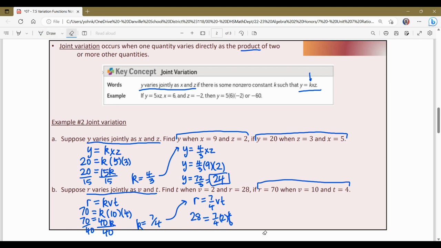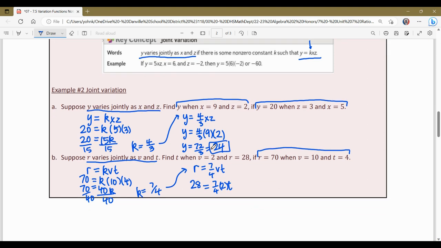Sorry, my writing is not up to par. Okay, so let's scoot down a little bit here. Let's simplify the right. So we got 28 equals 7/4 times 2 would be 7/2. We can multiply both sides by 2/7. And so we get t equals 8.